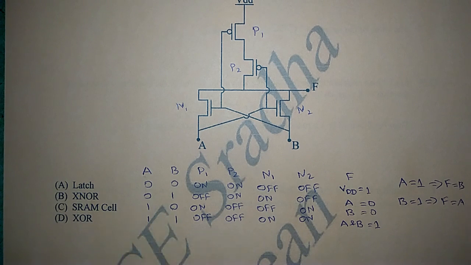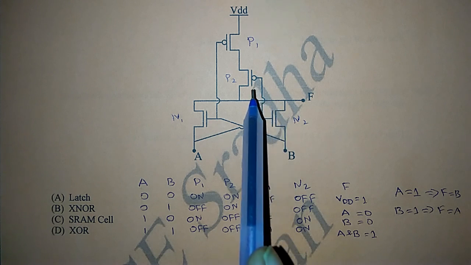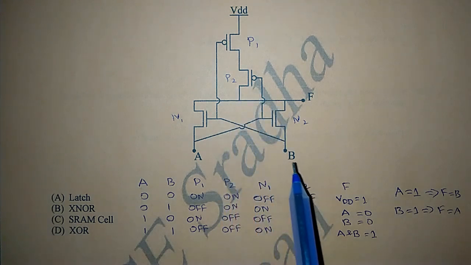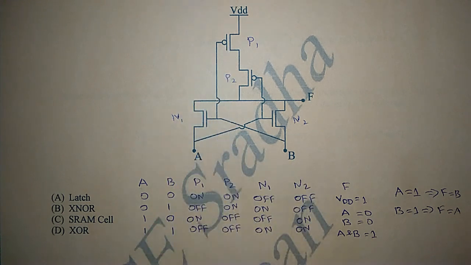If we observe the circuit, the input A is connected to PMOS P2 and NMOS N2, and input B is connected to PMOS P1 and NMOS N1. When PMOS input is 0, it will be on, that is, it acts like a short circuit, otherwise off, open circuit.